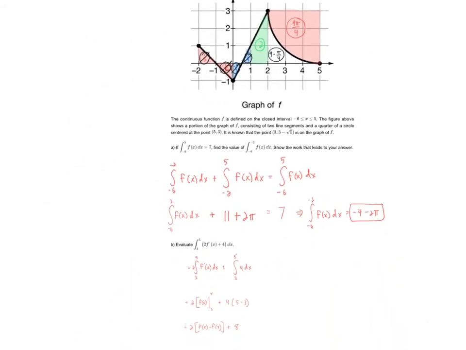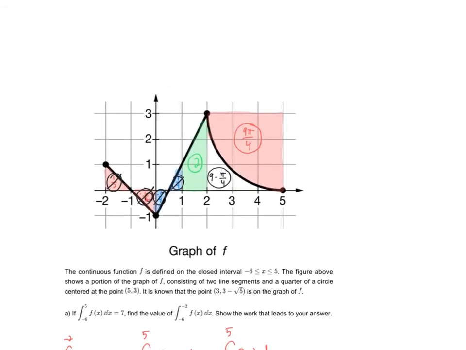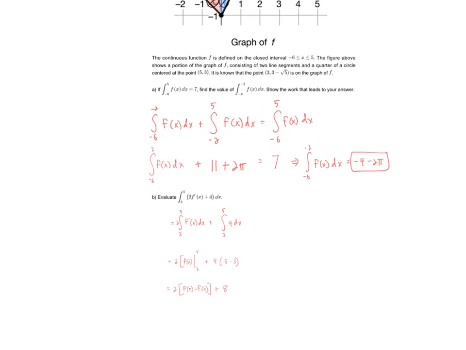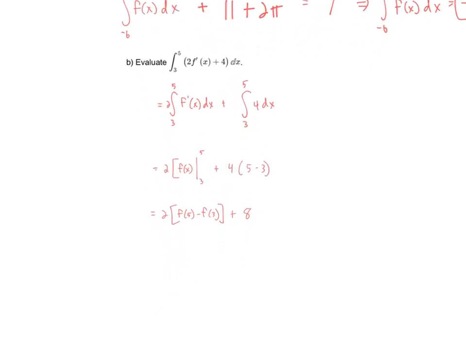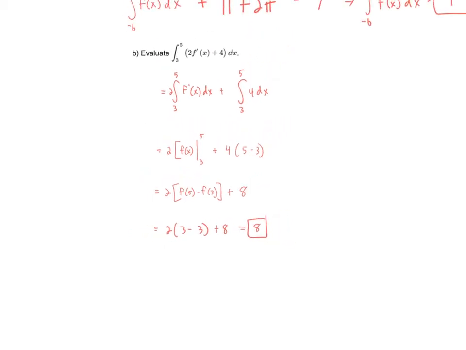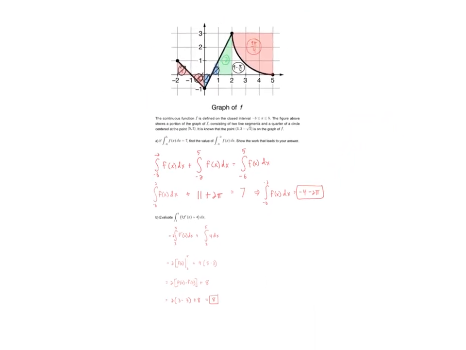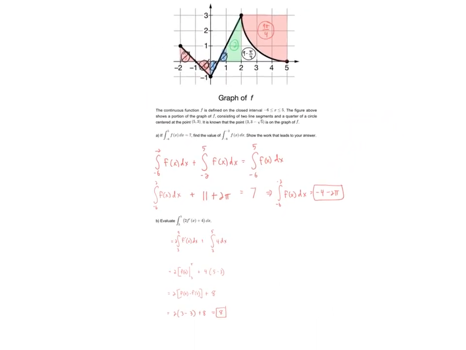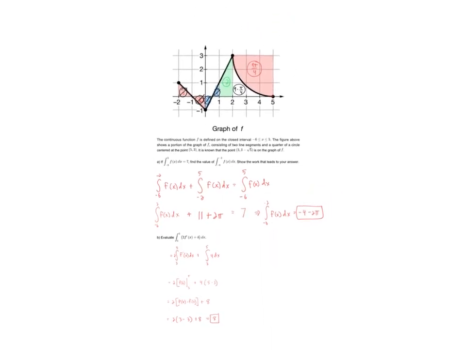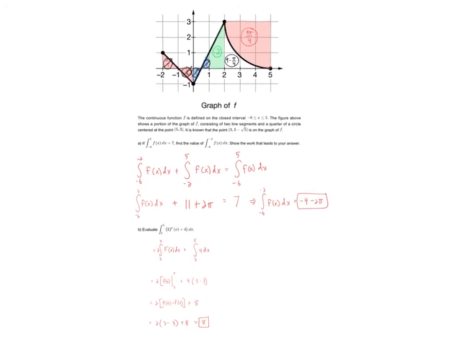And f of 3 is 3. So this is just 2 times 3 minus 3. And that's just 8. Let me make sure I read that right. 5 and 3. Yeah, okay. Alright, so that's it.